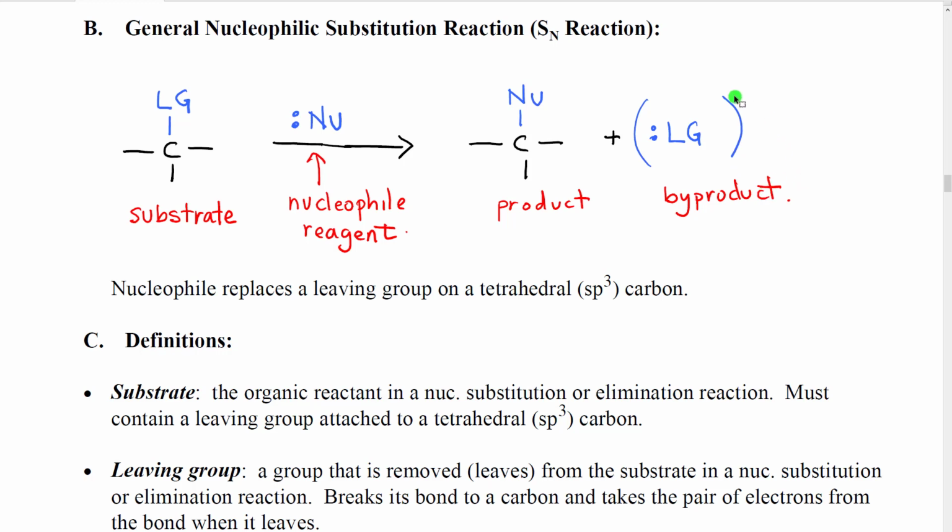Most of the time, we will not write the leaving group as part of our description of the reaction. It will be considered a byproduct of the reaction and it will be discarded. So to summarize then, in a nucleophilic substitution, the nucleophile replaces a leaving group on a tetrahedral sp3 hybridized carbon.